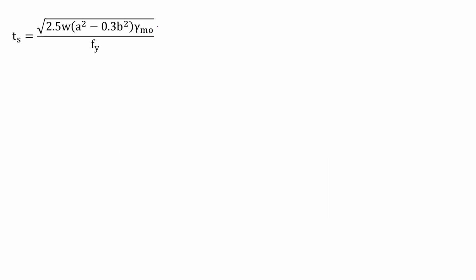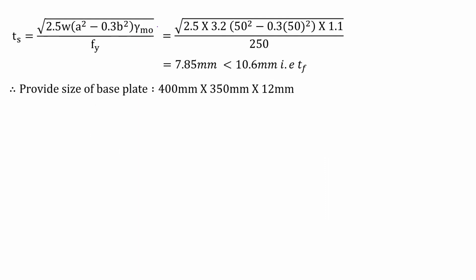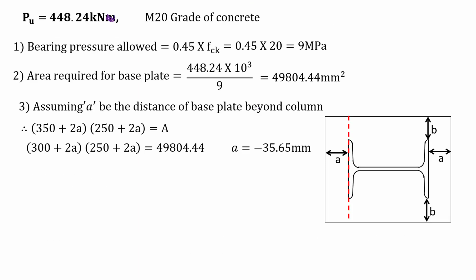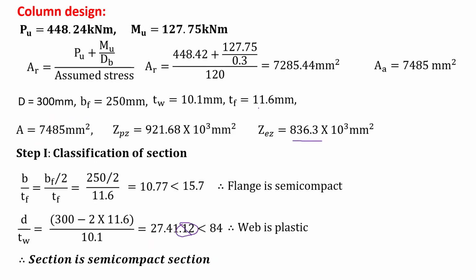Now we will substitute the values in the formula and we will get the value of TS as 7.85, but it is less than 11.6 actually. So if we go up, we have this value. If I go just above, I think that value we have is 11.6.